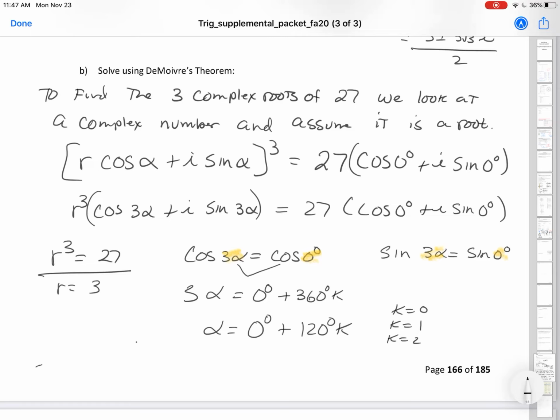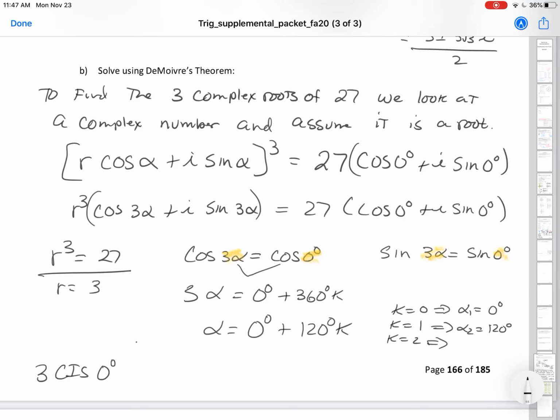So one of our answers is 3 CIS 0 degrees, right? So alpha 1 is 0 degrees. Alpha 2 is 0 degrees plus 120, which is 120 degrees.